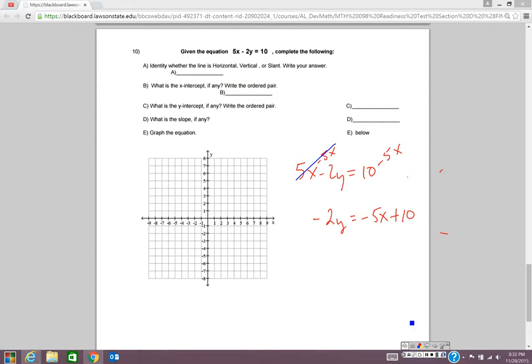We're going to divide by negative 2. It turns out that y equals 5/2 x minus 5. So indeed, our slope here is 5/2.